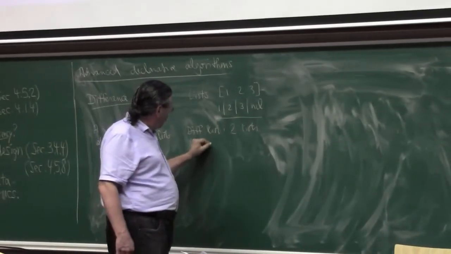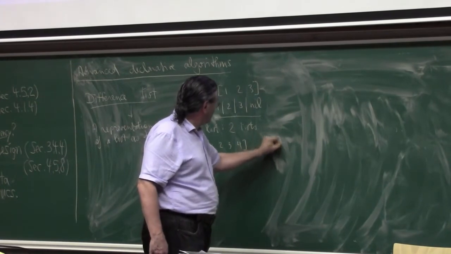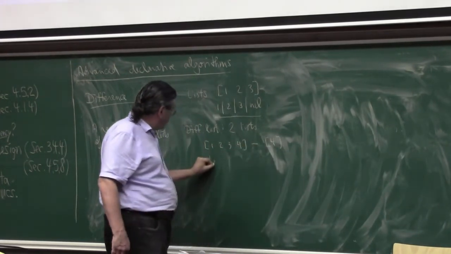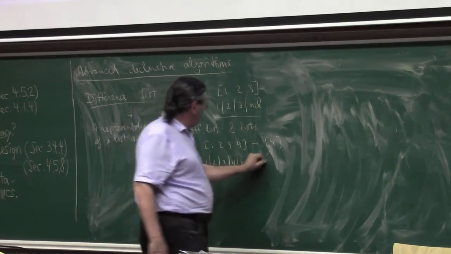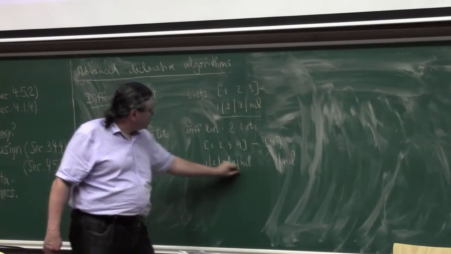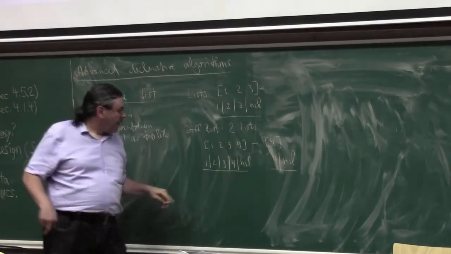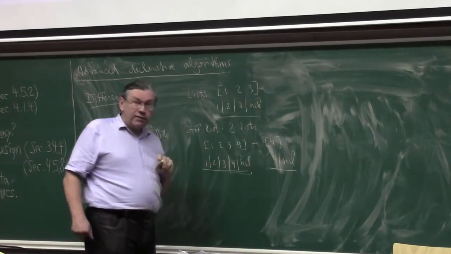So for example, 1, 2, 3, 4, nil and 4, nil. These two lists are just lists, but the second list is actually inside the first one.